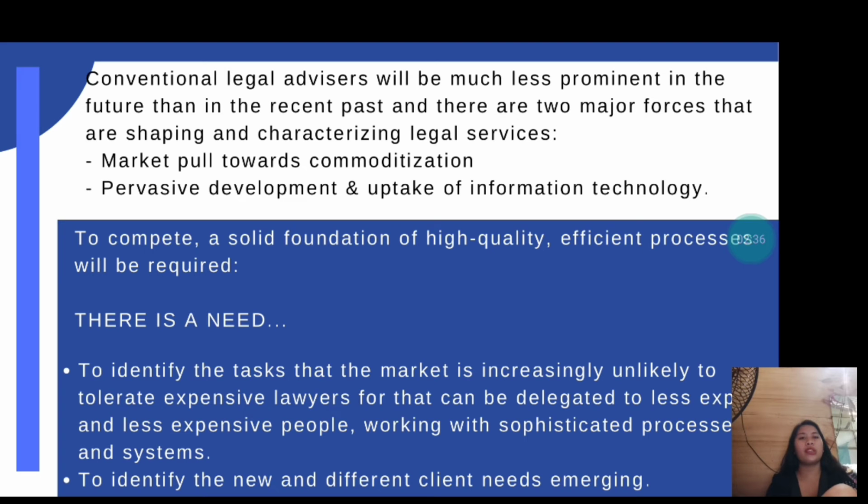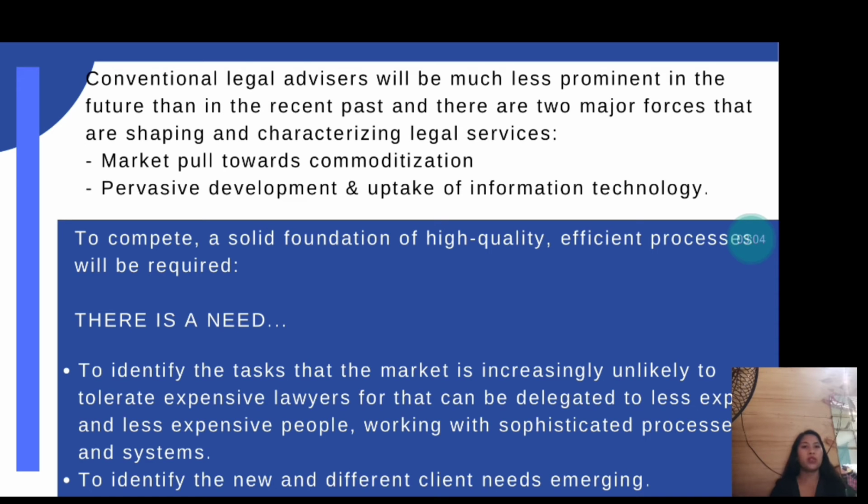The conventional legal advisor will be much less prominent in the future than in the recent past, and there are 2 major forces that are shaping and characterizing legal services: market pull towards commoditization, and pervasive development and uptake of information technology.